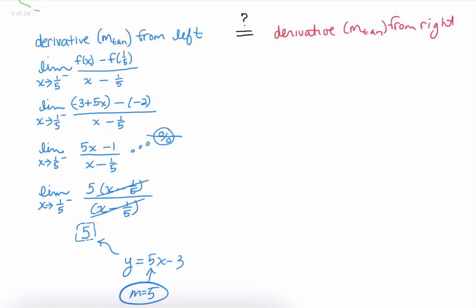All right, let's look at then the derivative from the right. So the derivative limit as x approaches 1/5, this time from the right, again, of f of x minus f of 1/5. So this is divided by x minus 1/5.